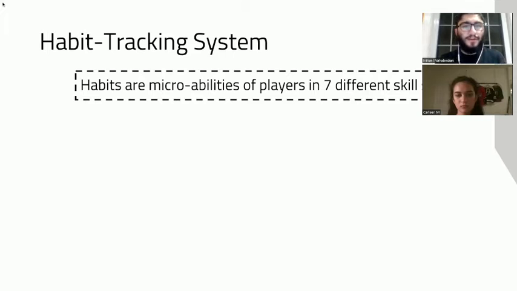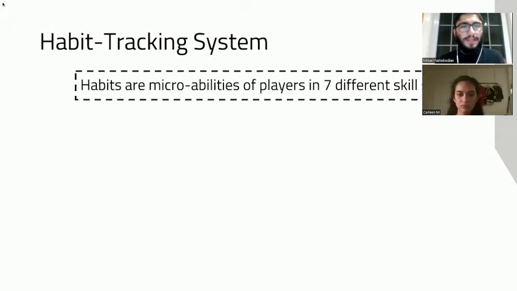When scouts go watch different hockey games, they're definitely going to analyze habits that players have on the ice, but it's very rare that these scouts are going to think about quantifying these habits in a systematic way.